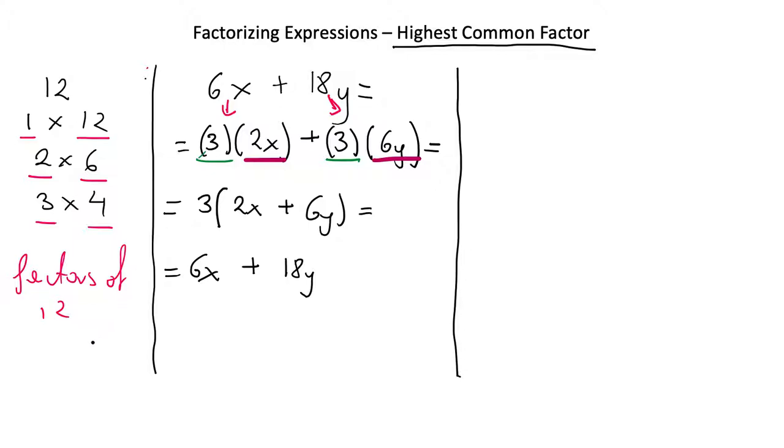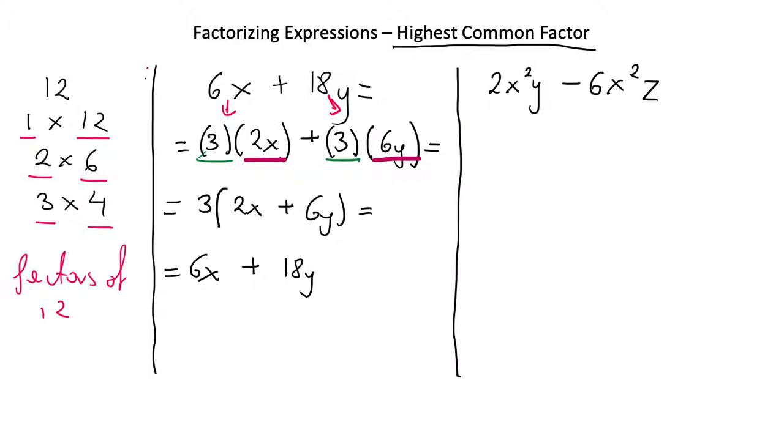Another example of the same operation can be as follows. I have 2x squared y minus 6x squared z. This is a slightly more difficult looking example, but again, I can find out what my common factors are. So 2x squared y and minus 6x squared z have a common factor of 2x squared.